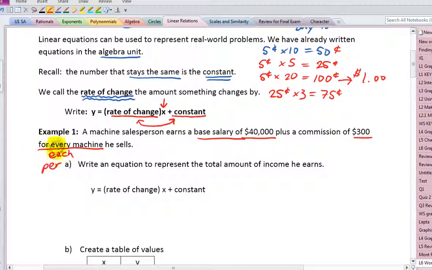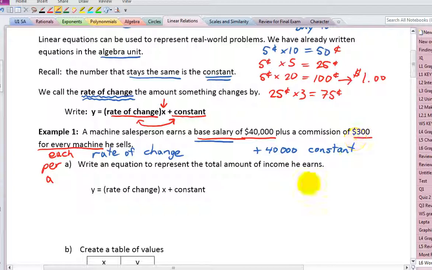Those words are the indication, right? Every, each, or per, or a machine. Those are keywords to indicate the rate of change. The base salary indicates that the $40,000 is always given and more is added on. So that's going to be your constant.